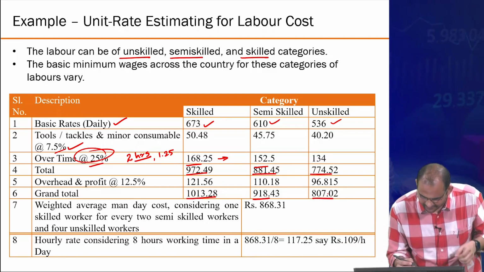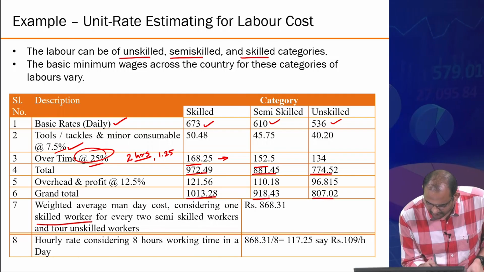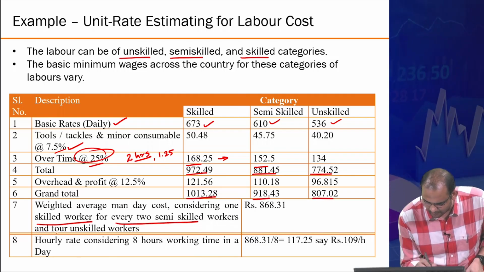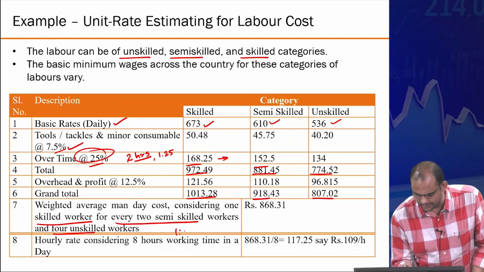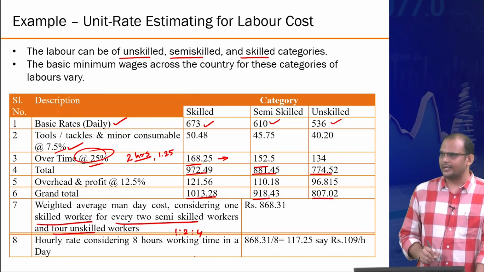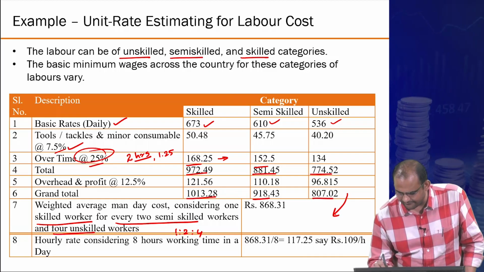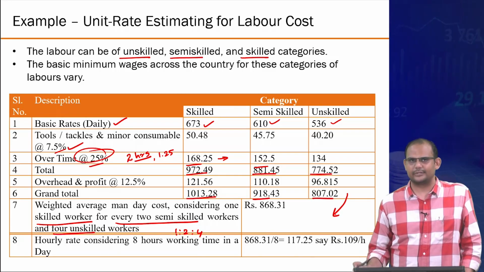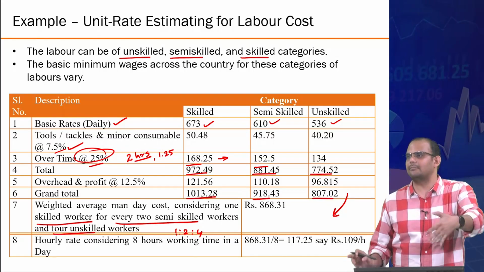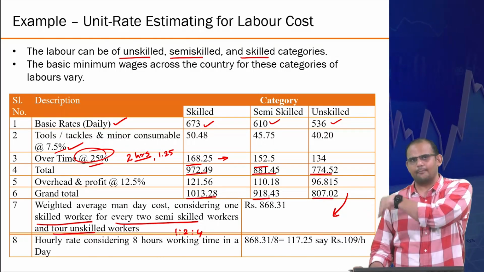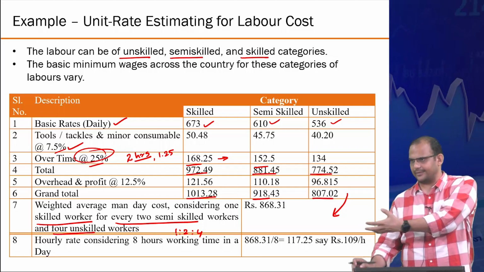Here that average number is 1 skilled worker for every 2 semi-skilled workers and every 4 unskilled workers. So that's the ratio, 1:2:4. Now you can take a weighted average of this particular wage so that you have one number. Now you can multiply this number directly by the number of people required on that particular site, right?